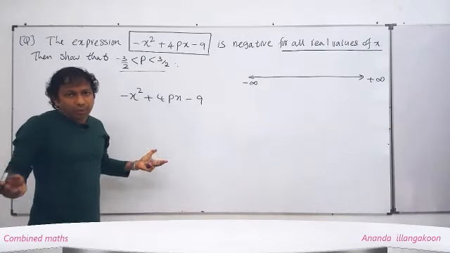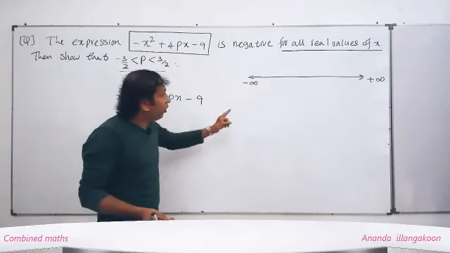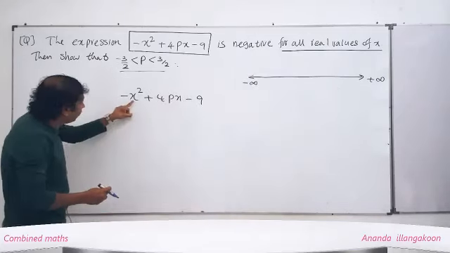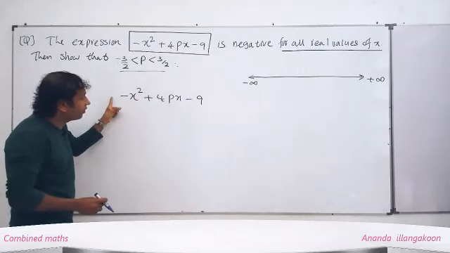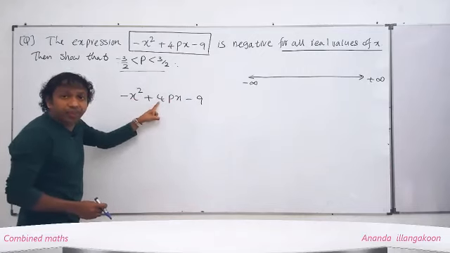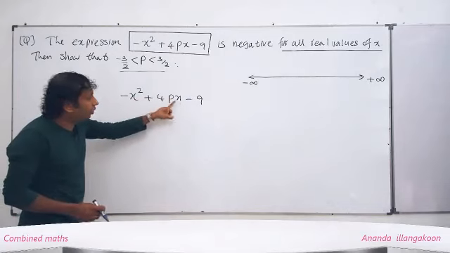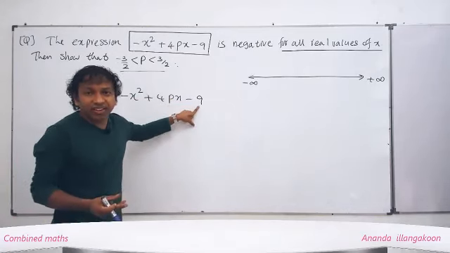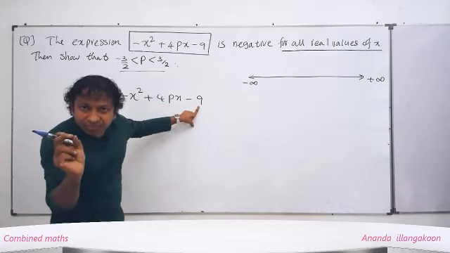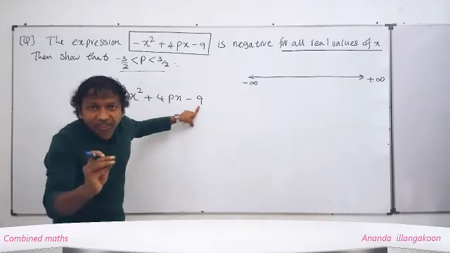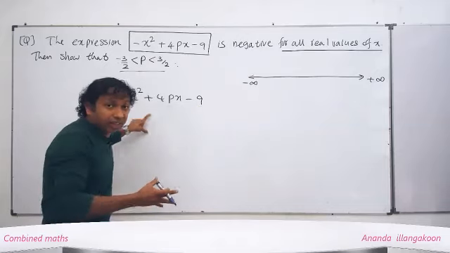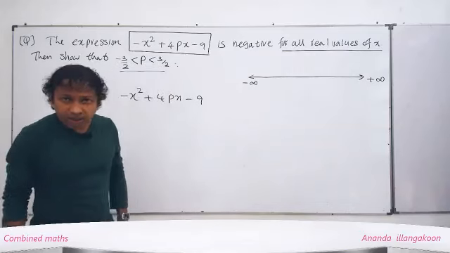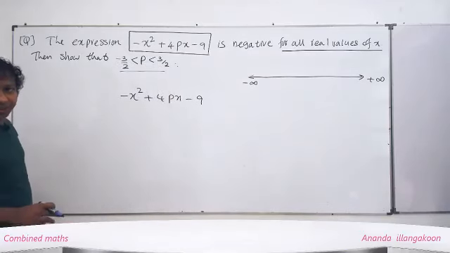No. People, when I take, for example, from this number line, x as x0. When I put x equals 0, 0 squared is 0, this will vanish. This also is 0, because 4p into 0 is the product 0, no? Then we get minus 9. The answer is minus 9. At that instant, our y is minus 9. So finally, for any value of x, there is a particular answer. That answer I am going to take as y. Understand? Okay. Then we'll start the question from there.